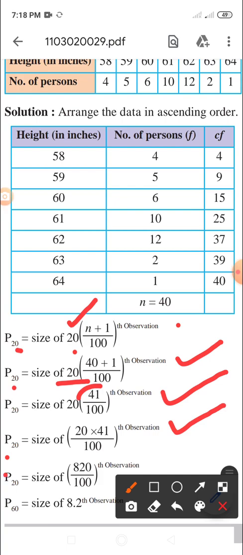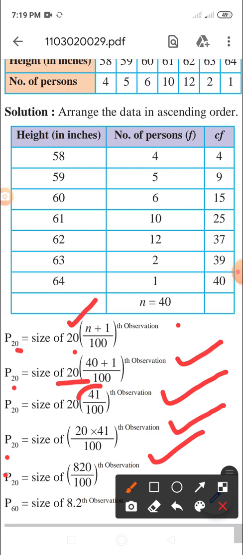Next, P20 is equal to size of 820 upon 100th observation. So P20 is equal to size of 20 into 41 upon 100th observation, that is 820 upon 100th observation.